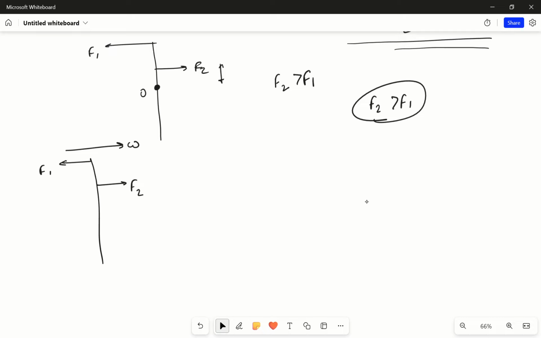So what we can write from here, F2 minus F1 equal to mass into W, right?